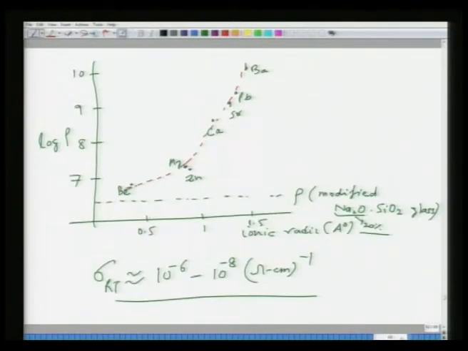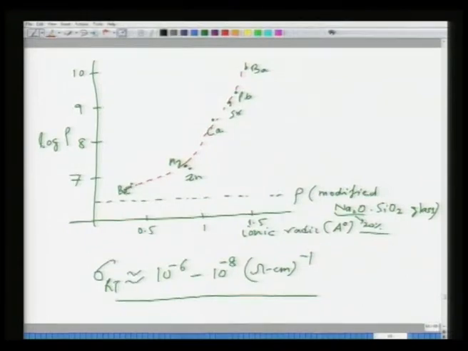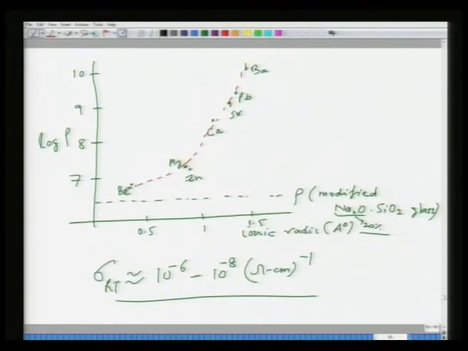Typically, what you see is that as the size of the ion increases, the resistivity also goes up. The bigger ions actually act as blockers, so they block the ionic movement.